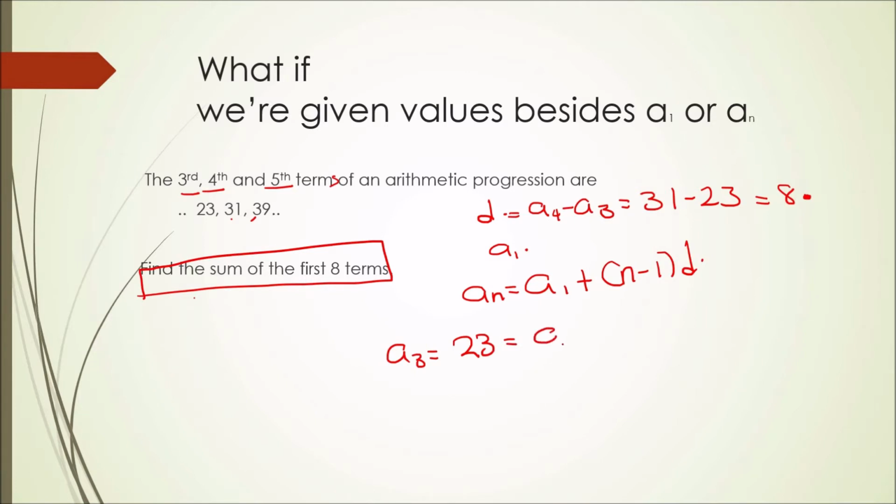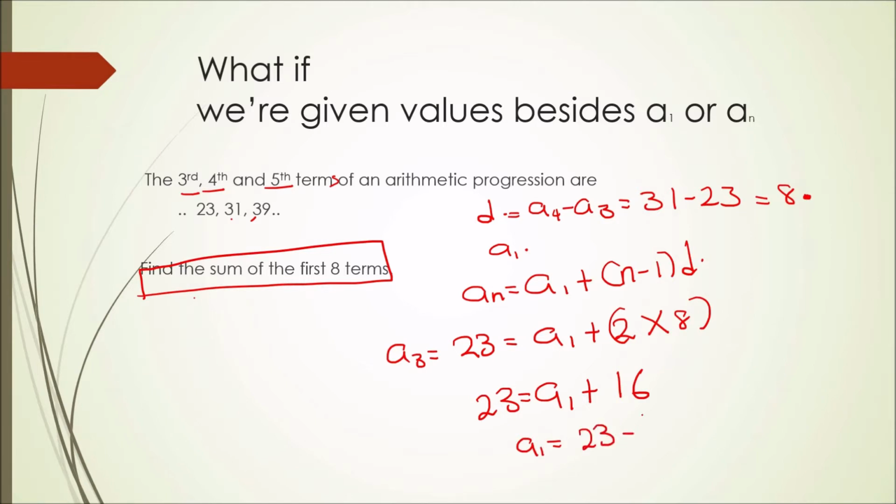So A1 plus 3 minus 1, that's 2, times our D is 8. So 23 equals A1 plus 2 times 8 is 16. A1 will be 23 minus 16, and that should give me 7. Yes, 23 minus 16 should give me 7. So I can see that my A1 is 7.